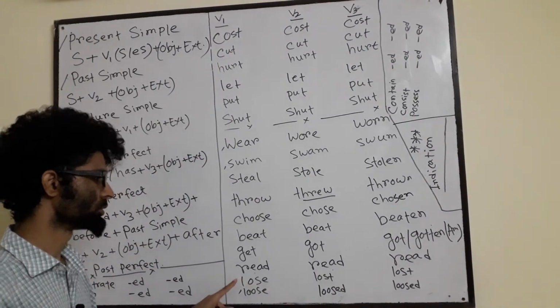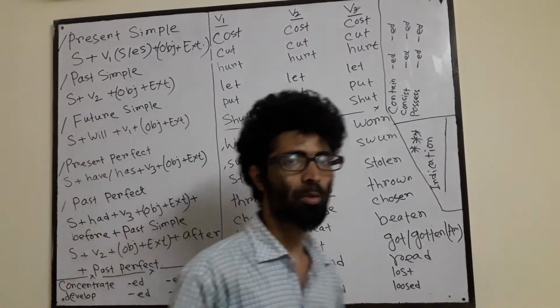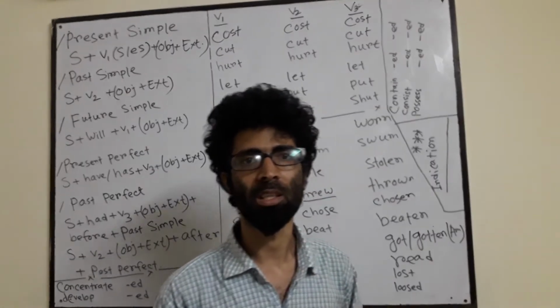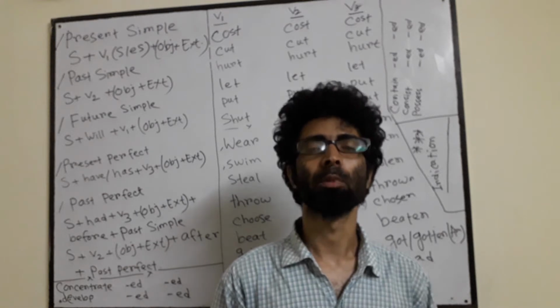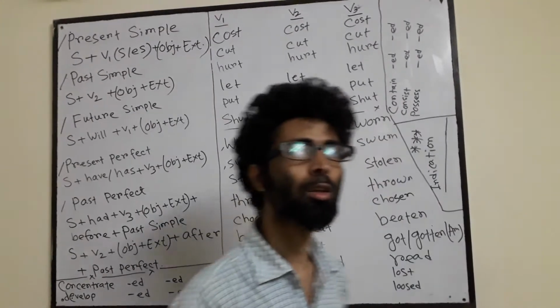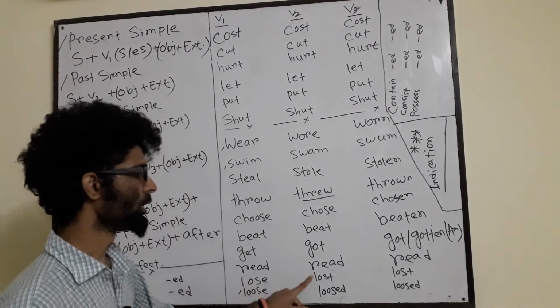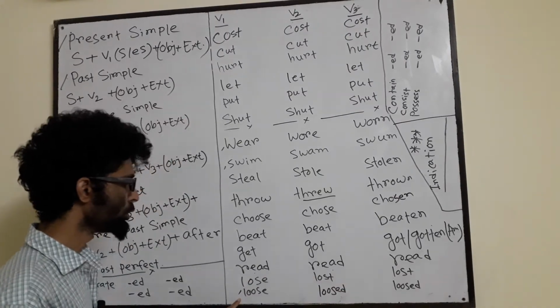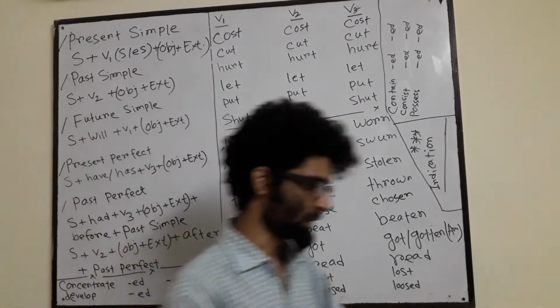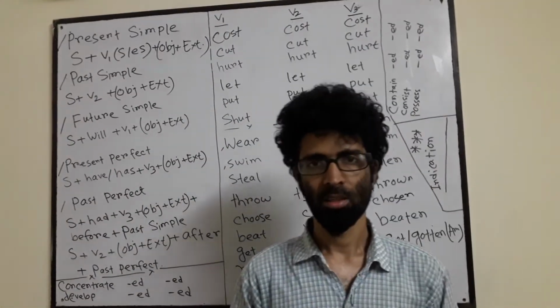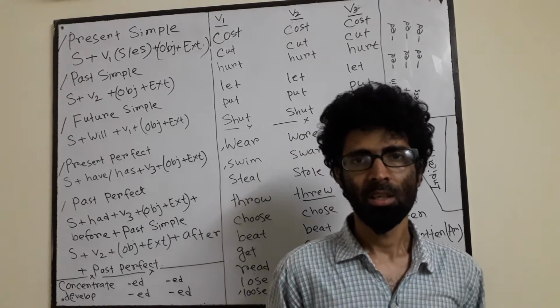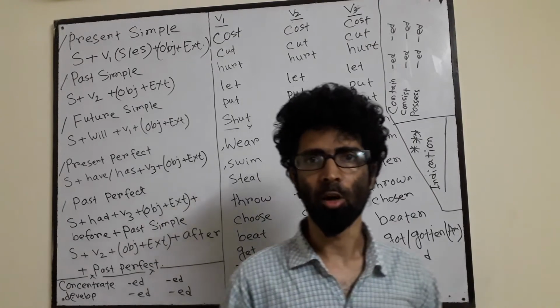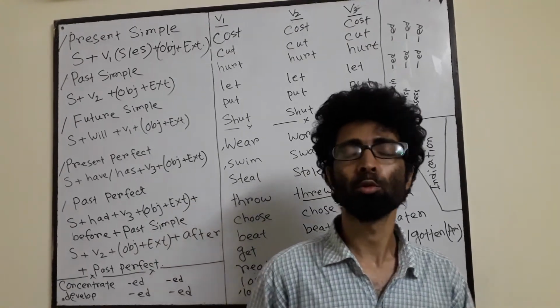Then lose. Lose means when you lose something, you don't find it. I have lost my keys. Okay, lose, lost. It is loose. Loose means that it is not so tight. Okay, could you loosen my pants? It is so tight. You are asking the tailor, could you loosen my pants?